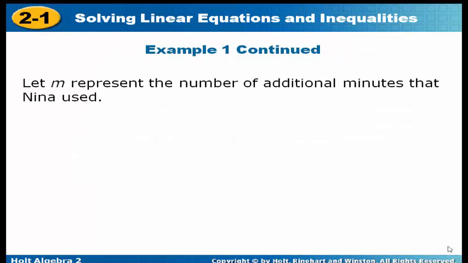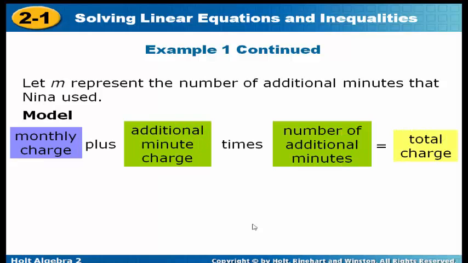Let M represent the number of additional minutes that Nina used. So monthly charge plus additional minute charge times the number of additional minutes equals total charge. The total charge equals the monthly charge, which is constant, plus the additional minute charge times the number of additional minutes.